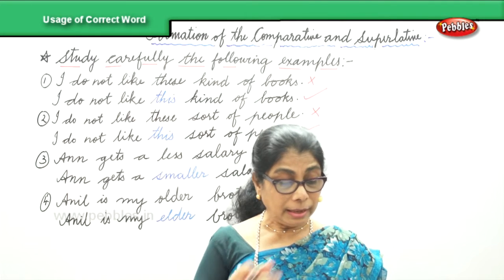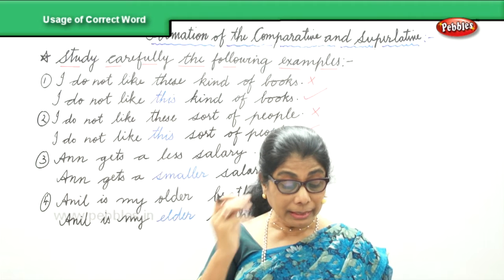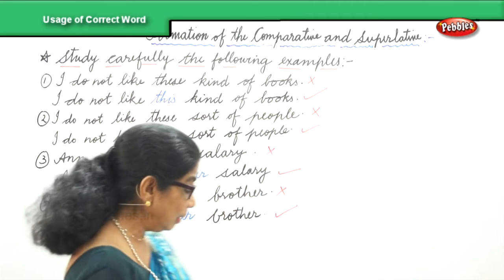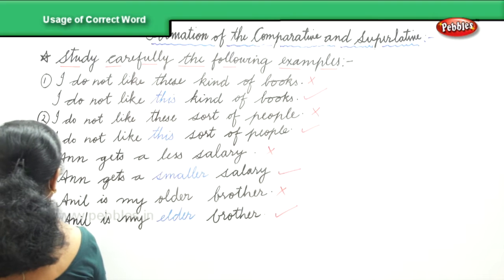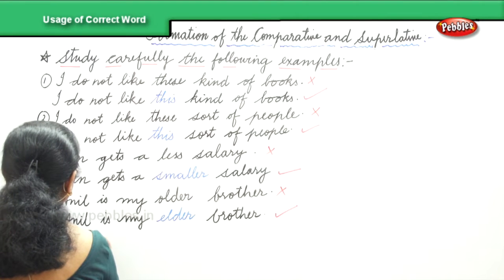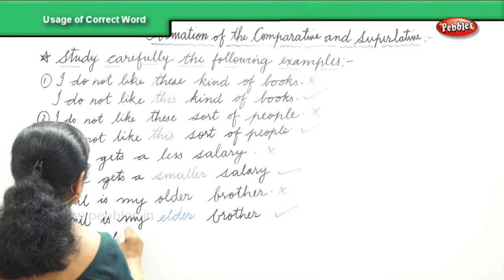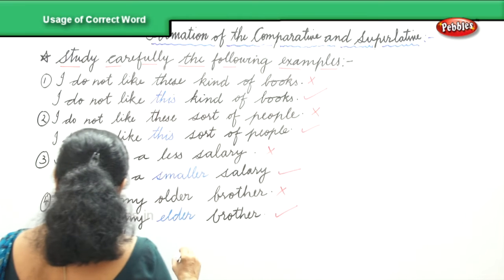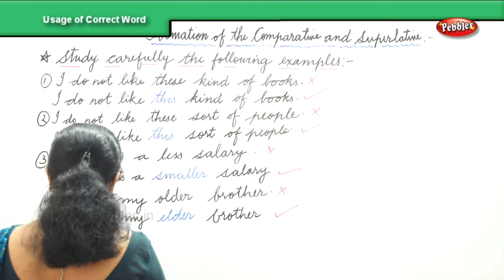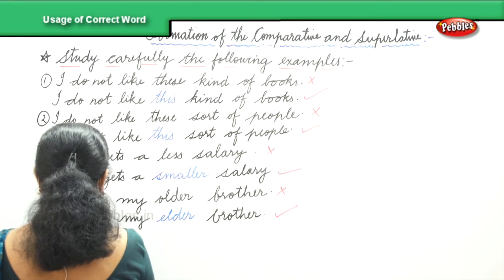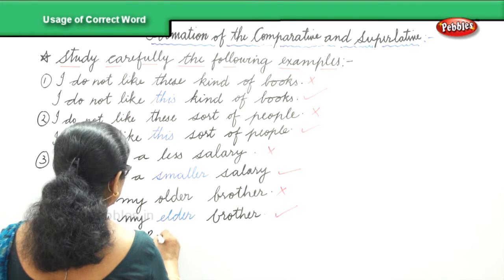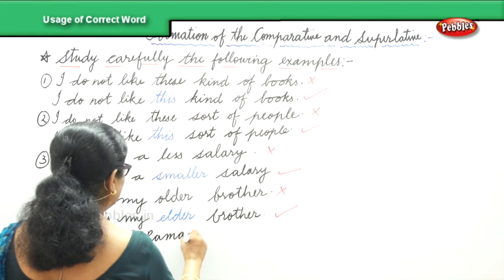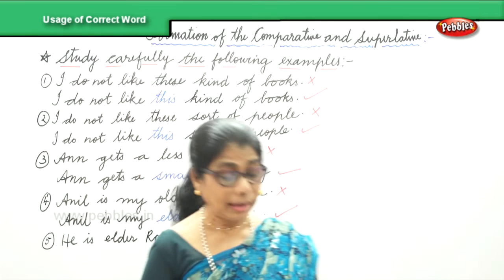Okay, finally, one more sentence. He is older than Raman. But the fifth one, he is elder than Raman. Again, that is not the right way of saying it.